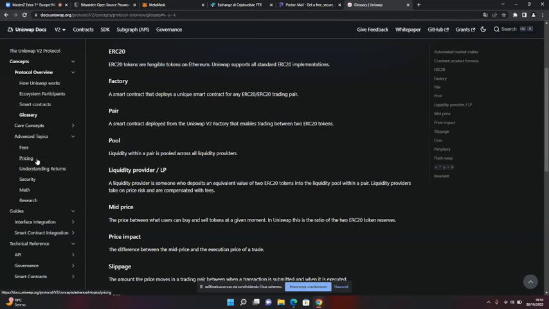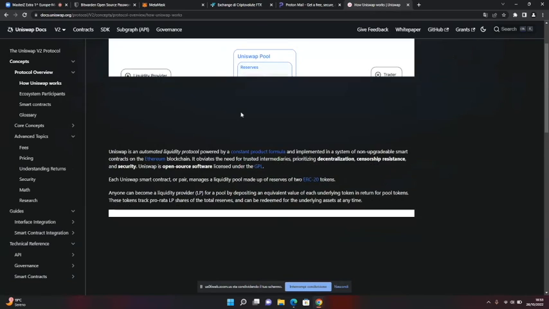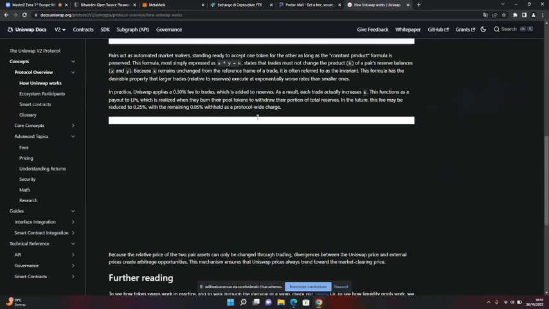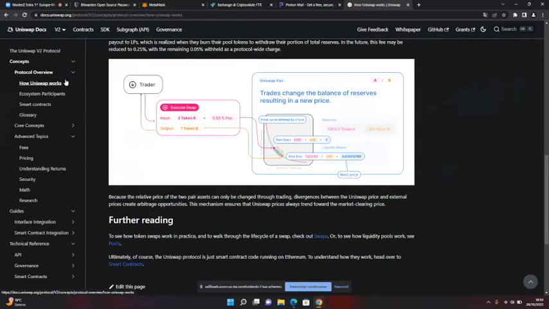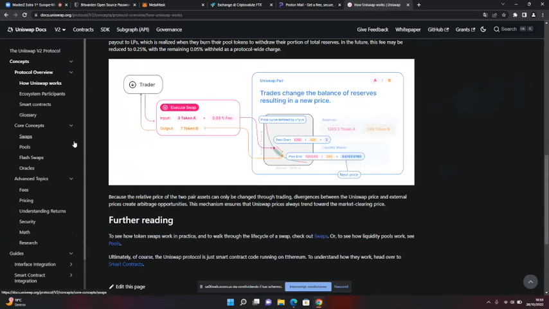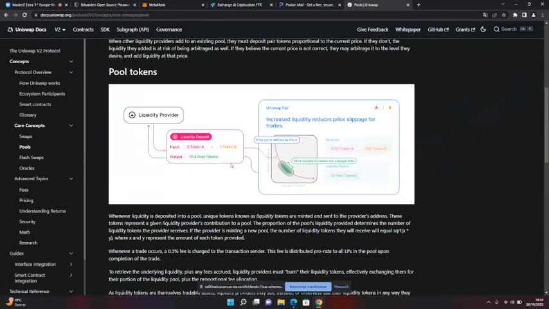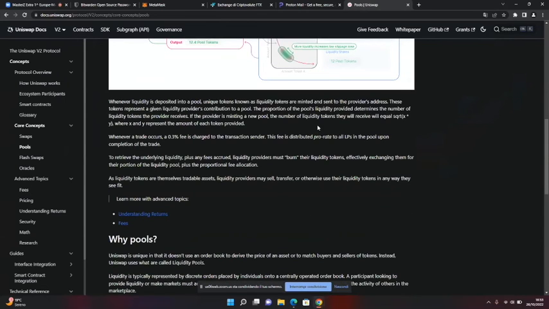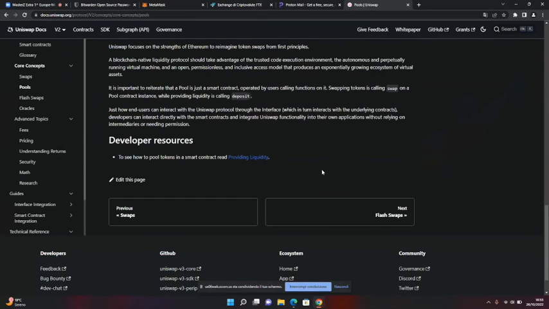Well, let me see if they have a better explanation here in the protocol overview. Yeah, here they explain in a lot more detail how those exchanges work. So if you're really curious about it, you can go ahead. But as you can see, they apparently use a really simple formula for the price.